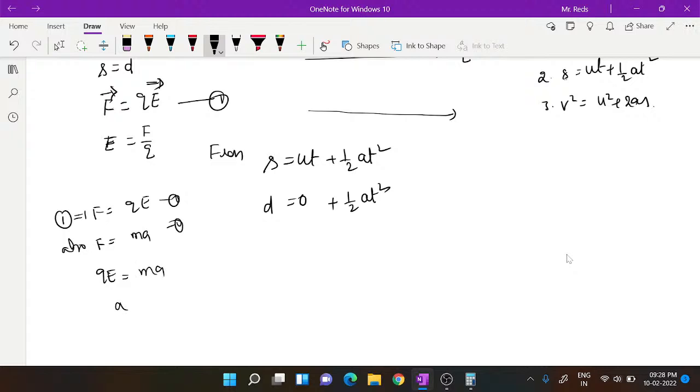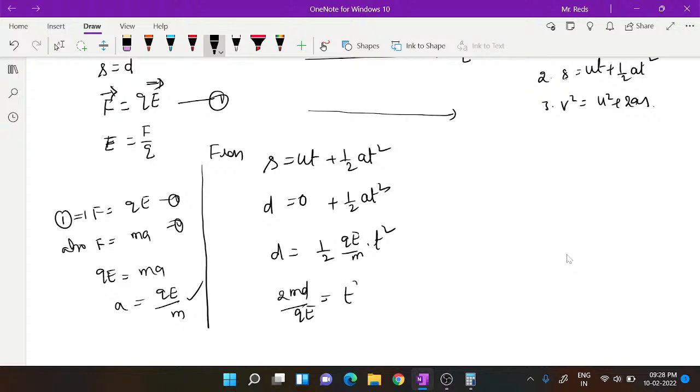So acceleration A is equal to QE by M. If you substitute this A here, are you following step by step clearly? Then you'll get d equals half into QE by M into T square. We want T. So T square equals 2Md by QE.